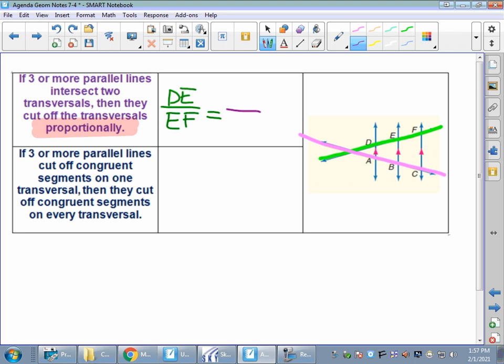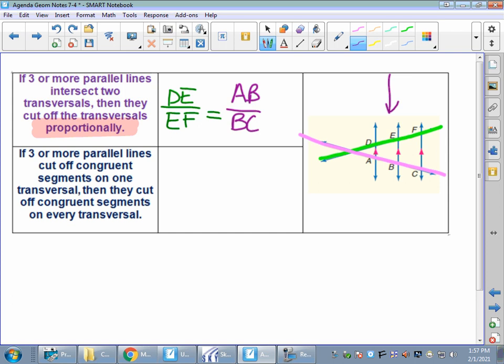Because DE is on the top, I have to take the same segment, AB over BC. We don't know if they're congruent because it all depends on what angle they're intersecting those lines, but we do know that they're proportional. So set yourself up a proportion.